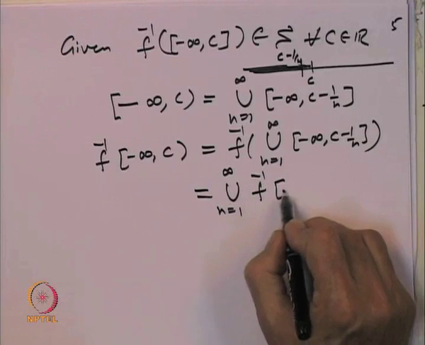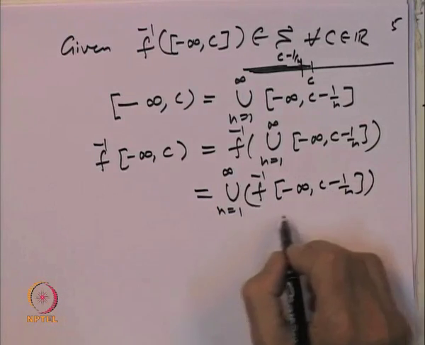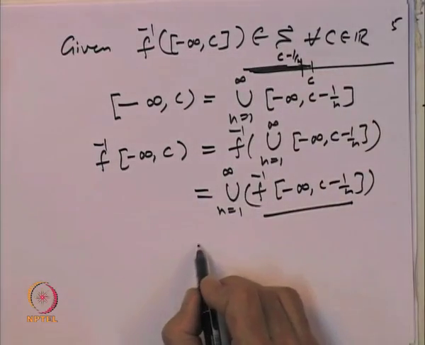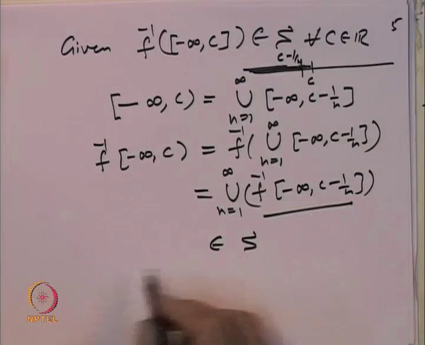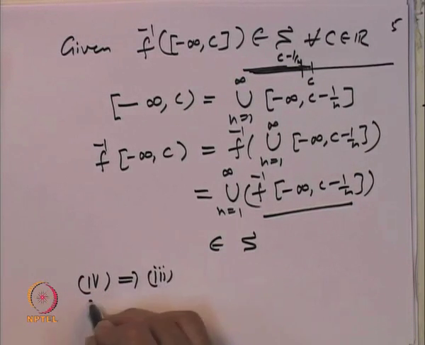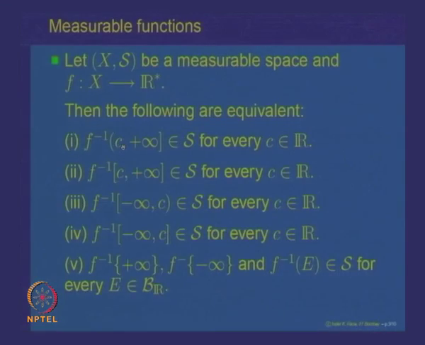So, that gives us minus infinity to C minus 1 over n, and each one of them is given to be inside S. So, that implies that this belongs to S. So, 4 implies 3 is also true.